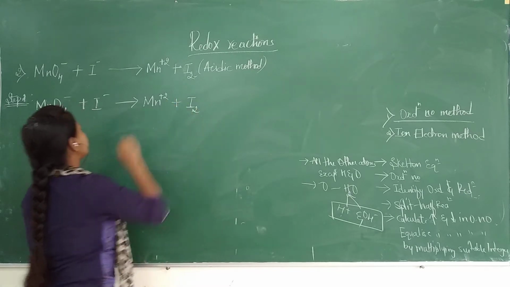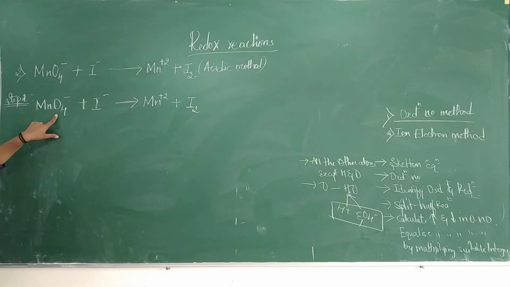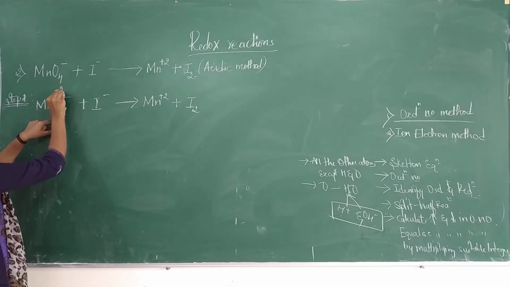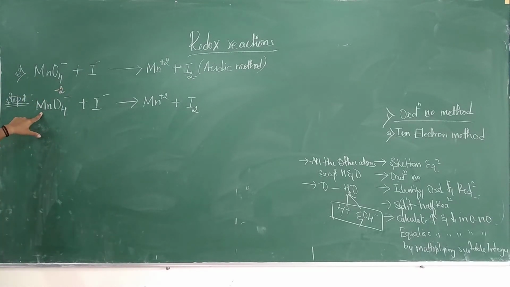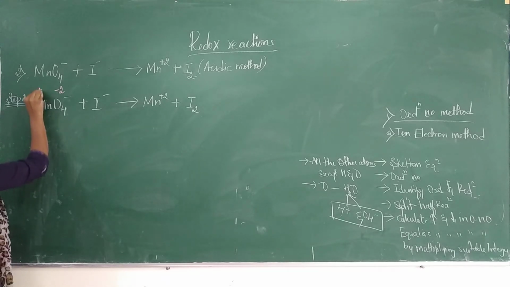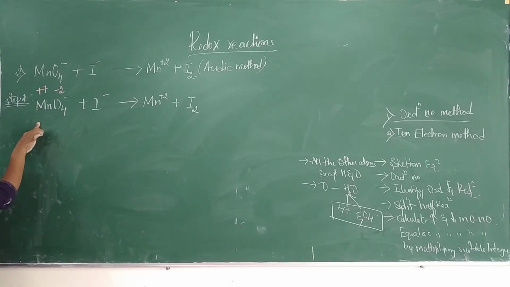What is the oxidation number of oxygen in its compound? Yeah, it is -2. What is the oxidation number of Mn in this compound? You have to calculate it. Take Mn as x, plus x into -2 into 4, that is 8, is equal to -1. Hence, cancelling 8 minus 1, it will be +7.